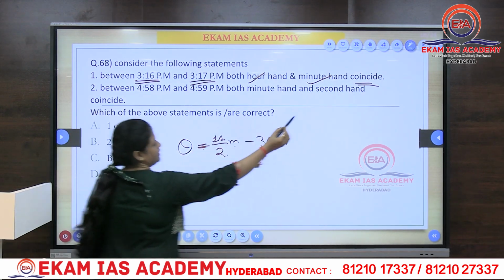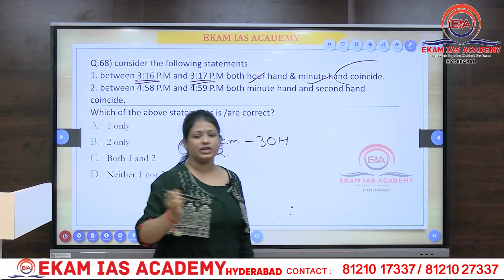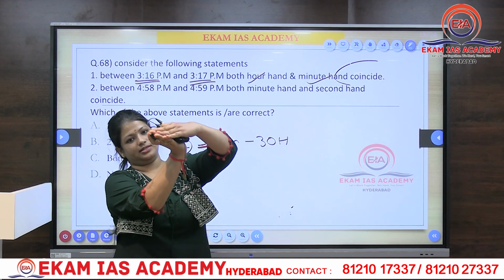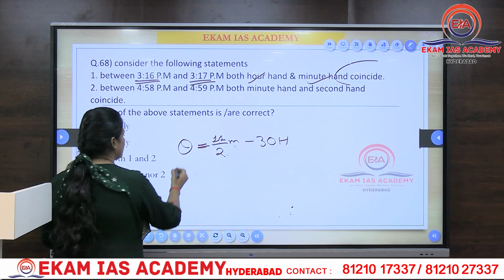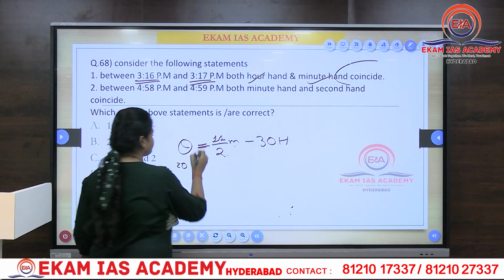Here they have given coincide. Coincide means they become like this, coinciding. When they coincide, the angle will be 0. So theta is 0 here.